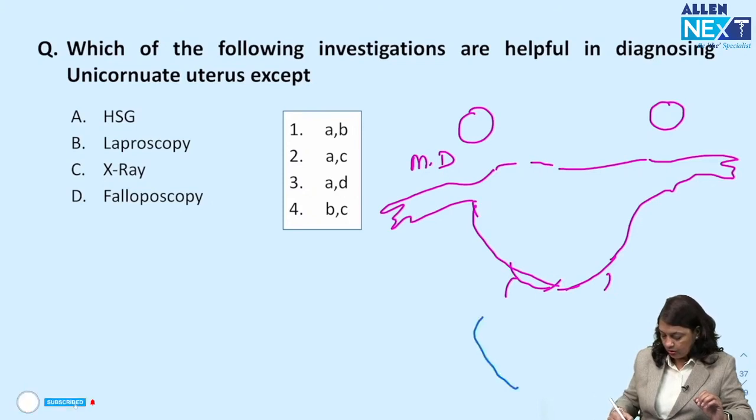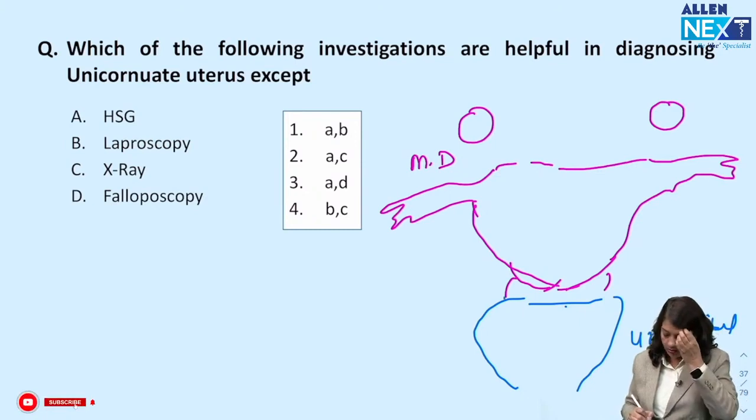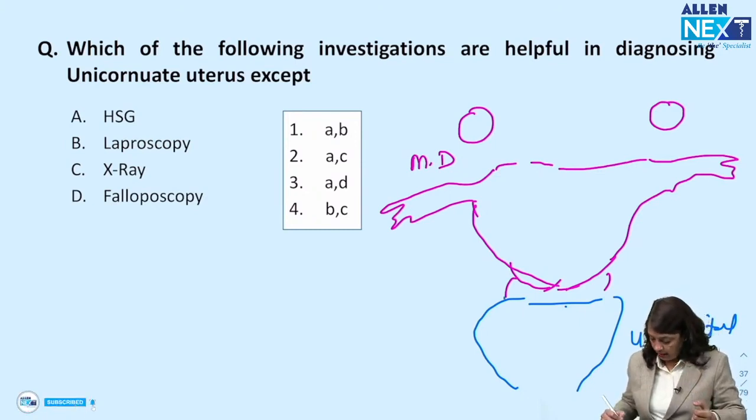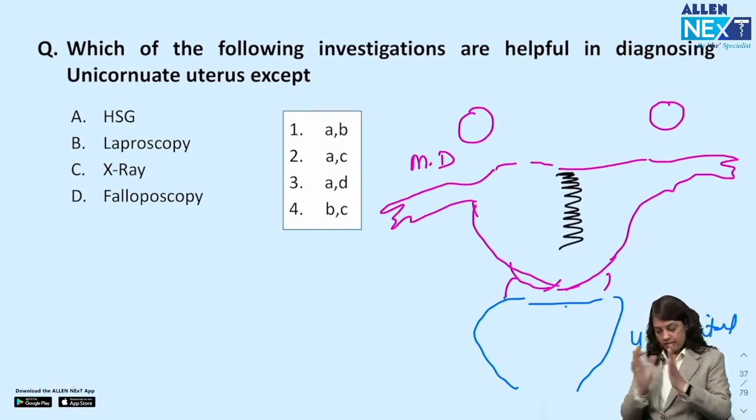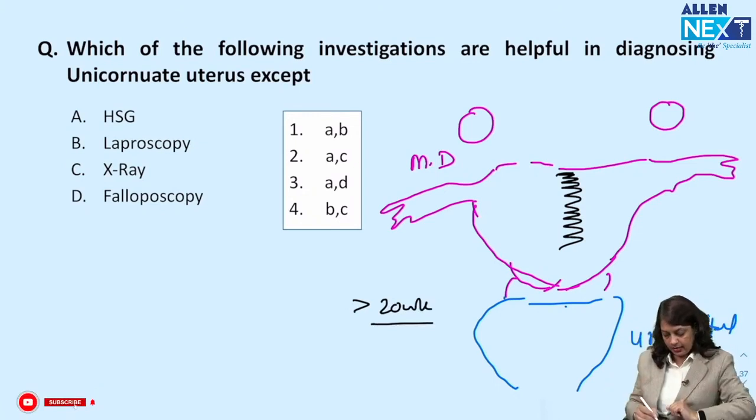From below the urogenital sinus, it forms the bladder and it forms the lower vagina, and the canalization of the uterus takes place, and this cavity is a single cavity.